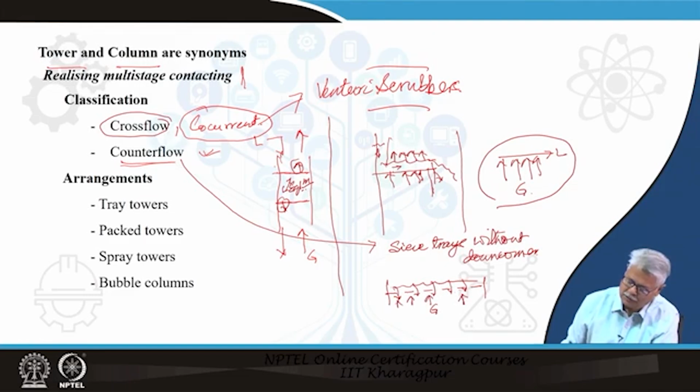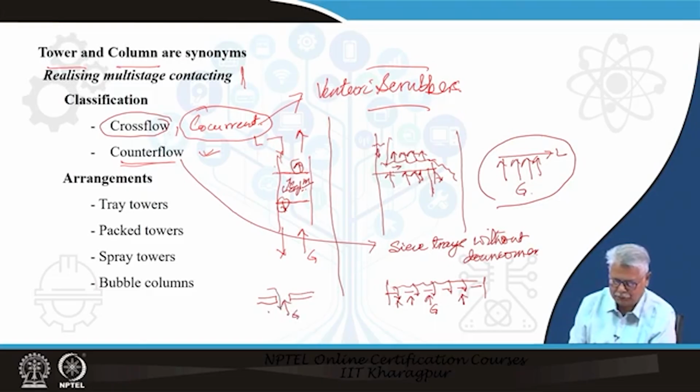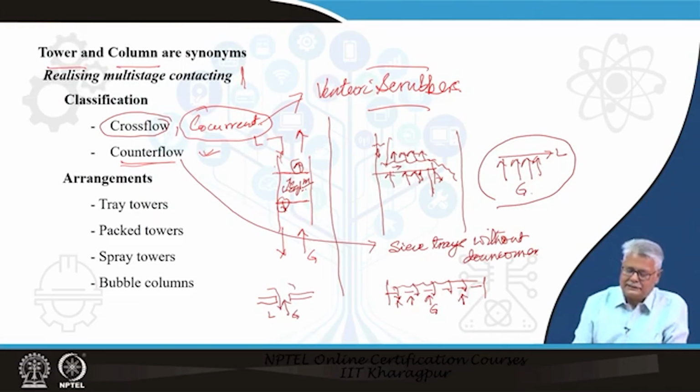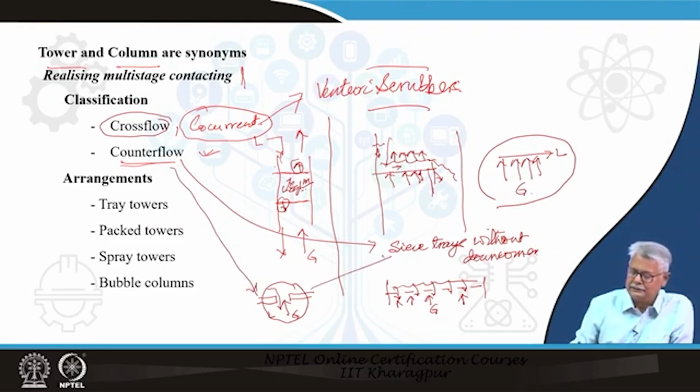So, basically you have a hole through which you have the gas going up as well as the liquid falling. So, this is a situation in which you have basically counter flow. This is your sieve tray, and in such cases, since the liquid falls through the tray itself, you do not require a downcomer. It is too obvious.